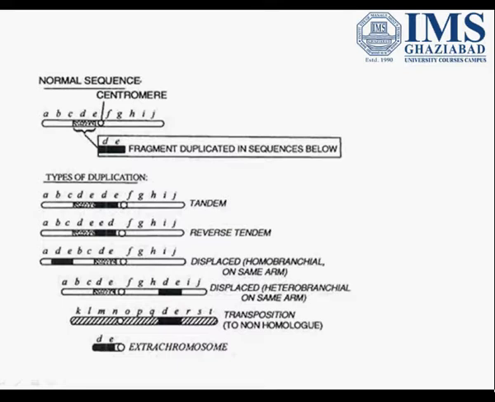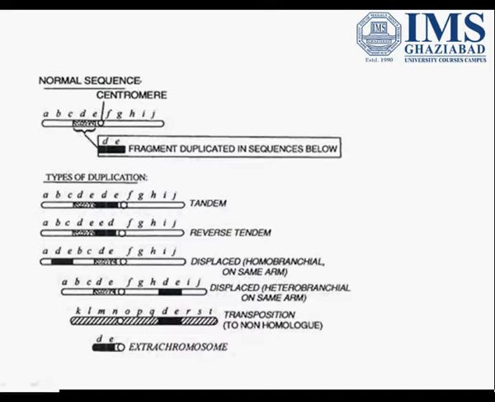Now there is another one called heterobranchial. In heterobranchial duplication, we are having the addition of the gene on the different arm. You just find out that this particular arm remains the same, and after FGH again DE is added, and IJ remains as such. So this is called the heterobranchial duplication, that is the displaced duplication.